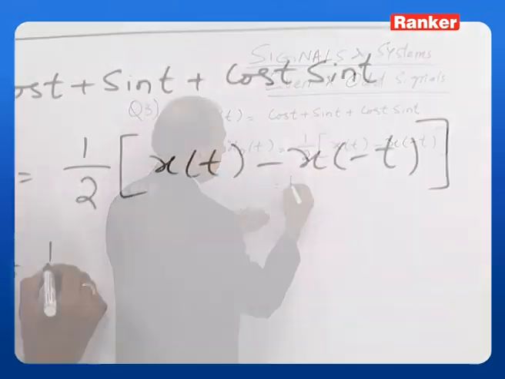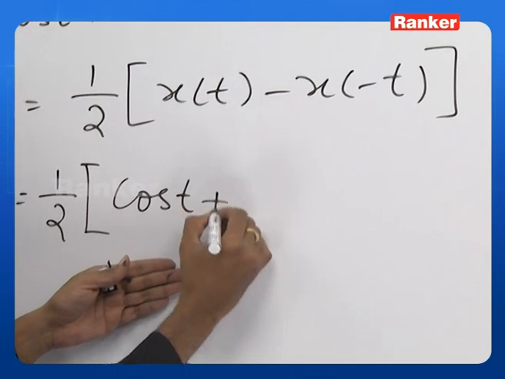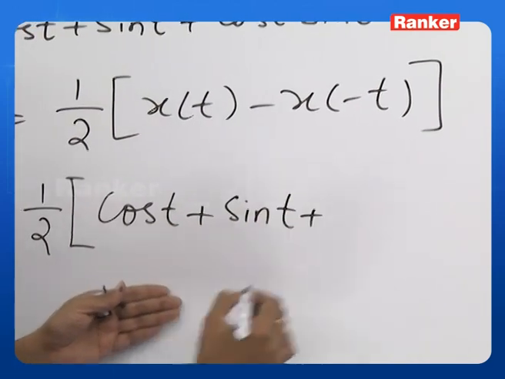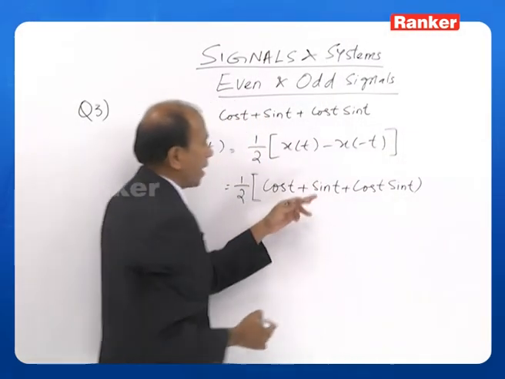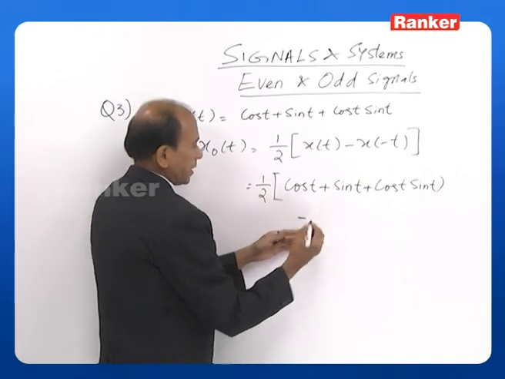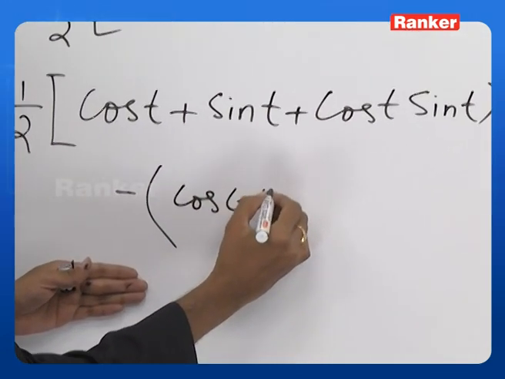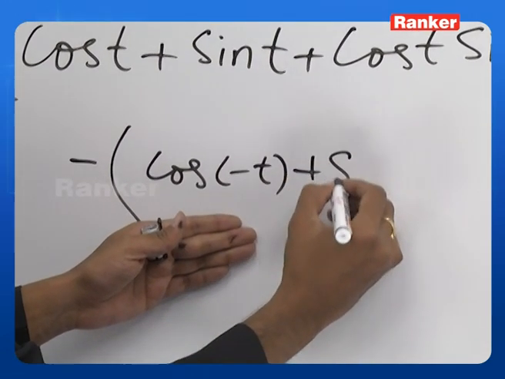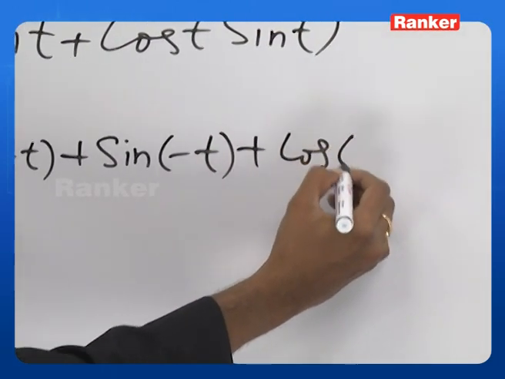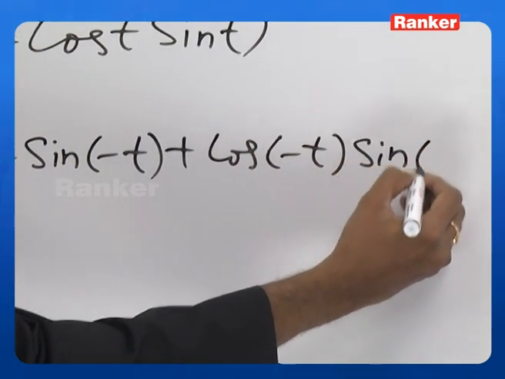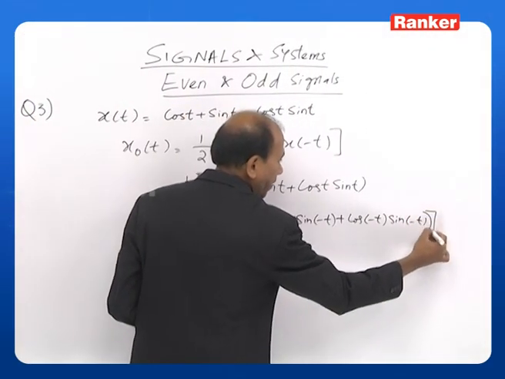So, this is equal to half of cos t plus sin t plus cos t sin t, minus cos of minus t plus sin of minus t plus cos of minus t sin of minus t. The whole thing we will put in a bracket.